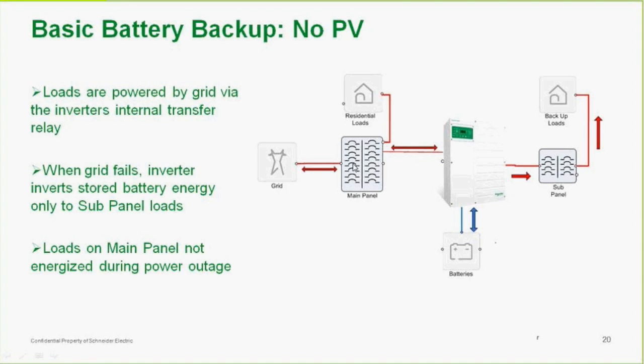These are things like your hot water heater, an electric range, electric furnaces, things like that. Typically, people can't afford to back them up because it gets very expensive. So we pass through the inverter onto a sub panel, and these are your backed up loads.